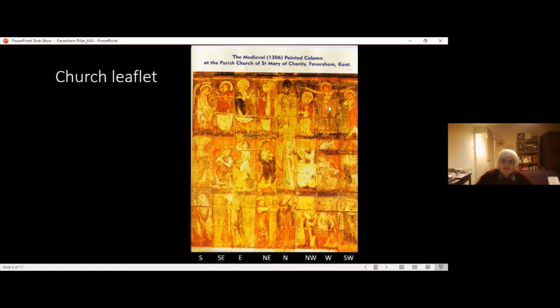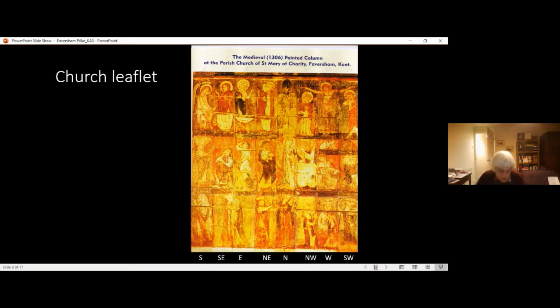We have 1 scene of the Passion there, 1 scene of the Passion there, and then here we have, it's now very difficult to tell what it is, but it's either a tree or a vine. Then if we're looking below that, the middle and bottom tiers provide us with 6 scenes from Christ's Nativity. Again, they vary in length, and we'll be going through those in a bit of detail in a minute.